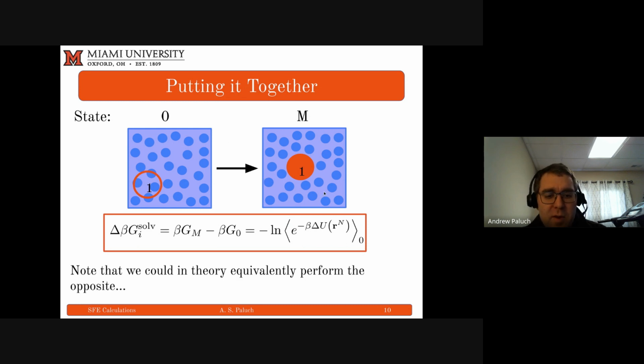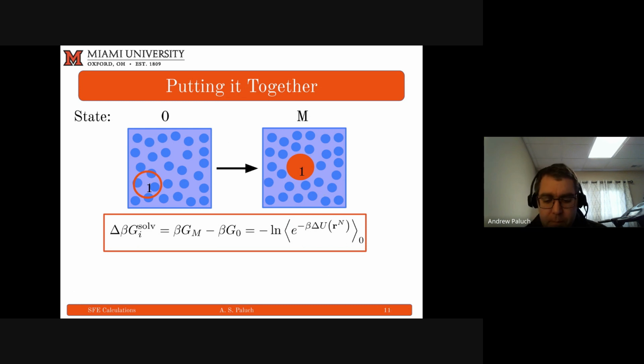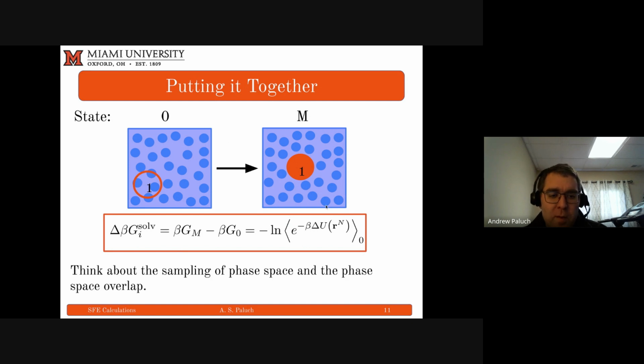But the beauty is that you need only perform a simulation in your reference state, or you could do the equivalent in the target state. In this case, you'd perform a simulation in your reference state, and then just based on that, you estimate the configurational integral in the target.